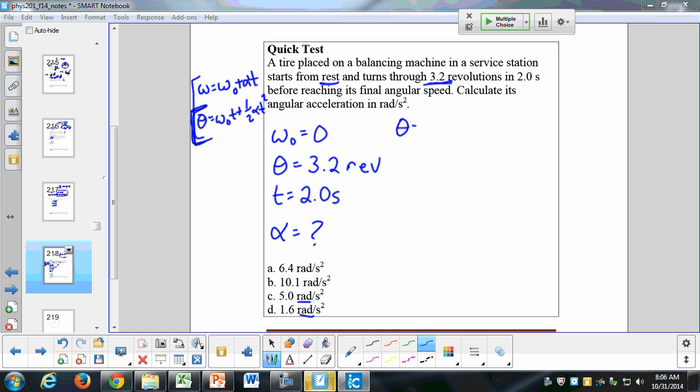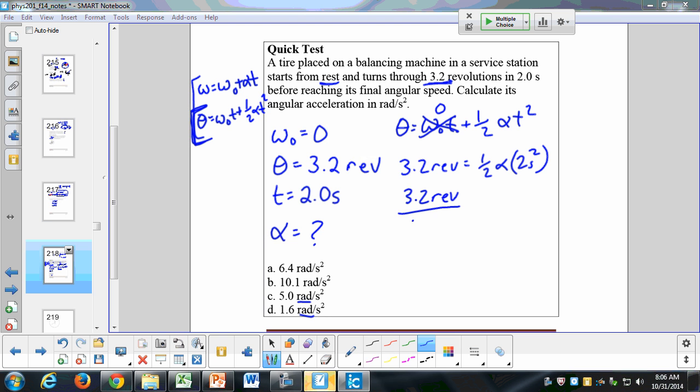Okay, so I have these equations over here that I know are true. I'm looking for alpha. I have omega naught, theta, and t, so I'm going to use this one right here. So theta equals omega naught t plus one half alpha t squared. This goes to 0 because omega naught equals 0. And I have theta 3.2. Half of t squared, half of 4, is 2. 3.2 revolutions over 2 seconds squared equals alpha.